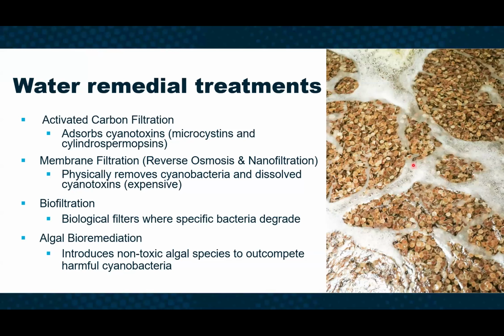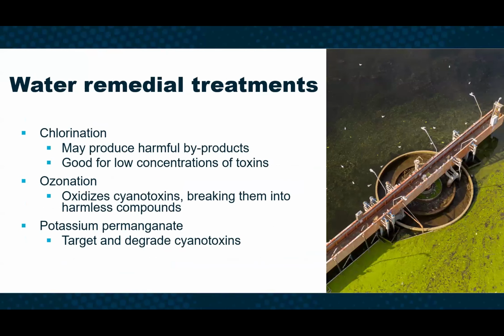This is an image of an example of a biofilter. Basically, we use bacteria to degrade these different kinds of toxins, or we can do algae bioremediation. That's basically introducing those non-toxic algae species to compete with the harmful cyanobacteria.